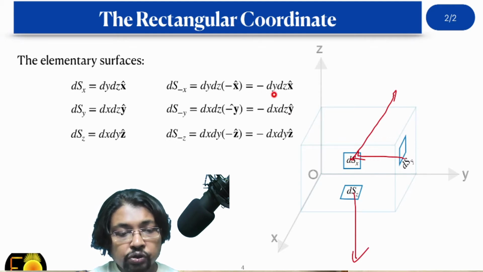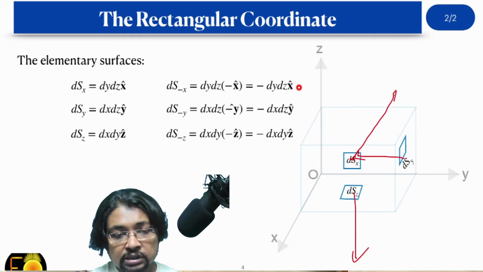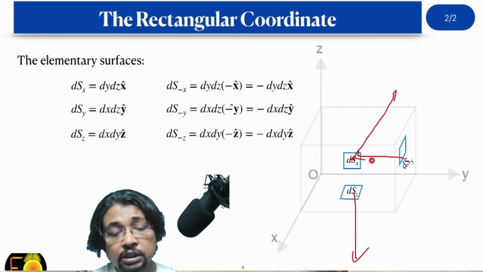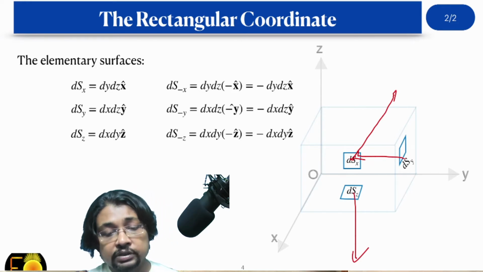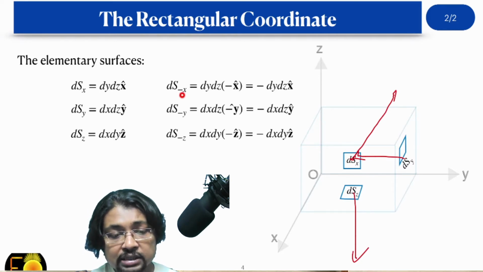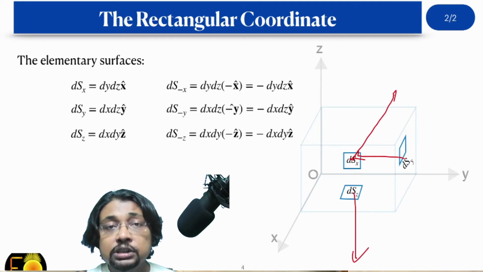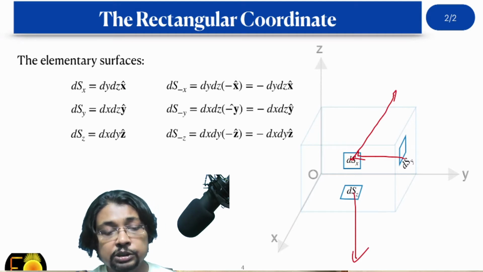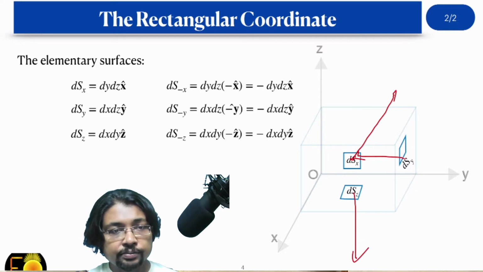So the magnitude will remain the same, but since I am considering the negative axes, I am considering the surface along the opposite direction for each of the surfaces. That means for this dx, I am considering the surface on the opposite side from the one I considered for the surface along the positive z. Similarly for the y direction and similarly for the z direction.